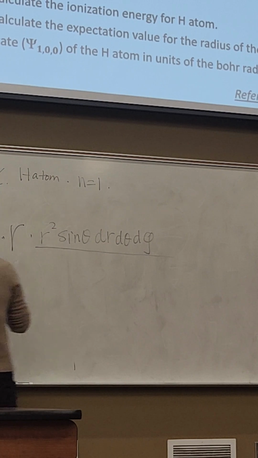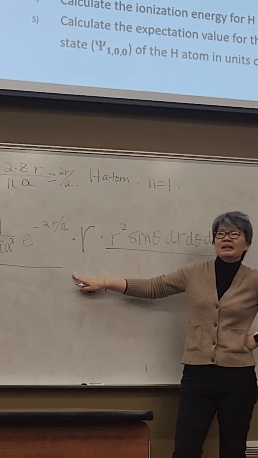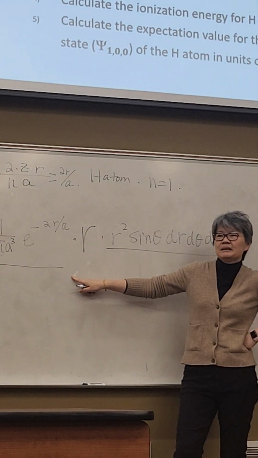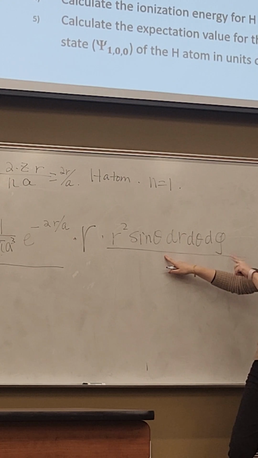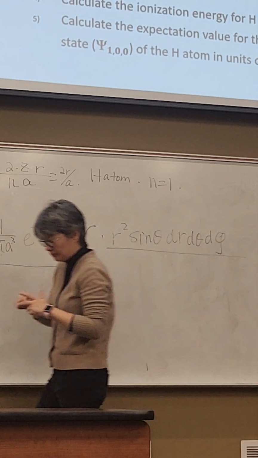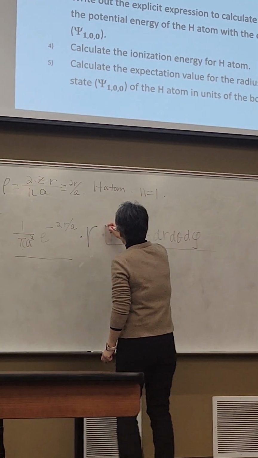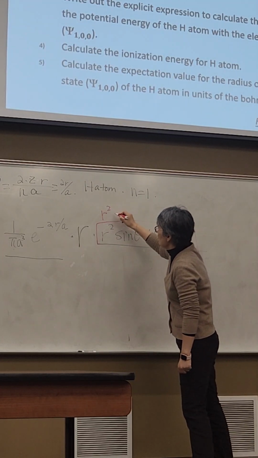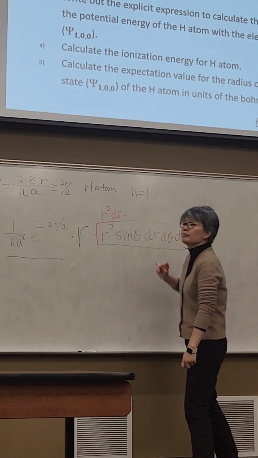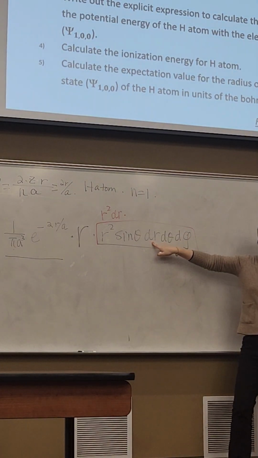So now if you take a look at this wave function, it only depends on which variable, guys? R. So then you can look at the volume term here. Let me rewrite this, and it will probably be more clear. So this is your d tau right here. So I can group the terms with r: r squared dr, right?